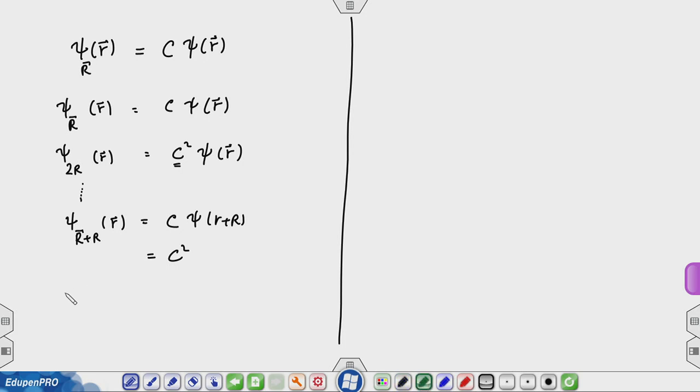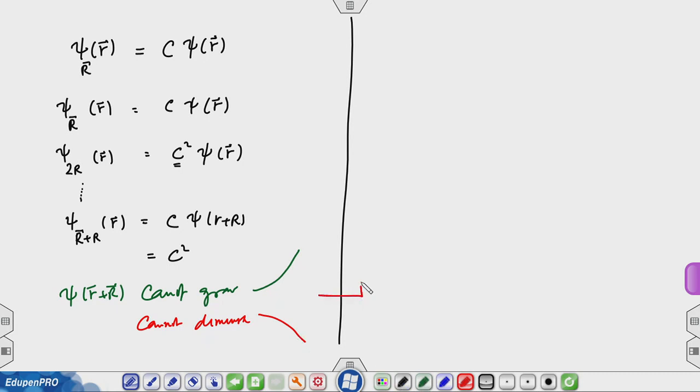So psi of r plus r cannot grow like this and cannot diminish from one place to the other. This therefore means that mod c has to be 1.